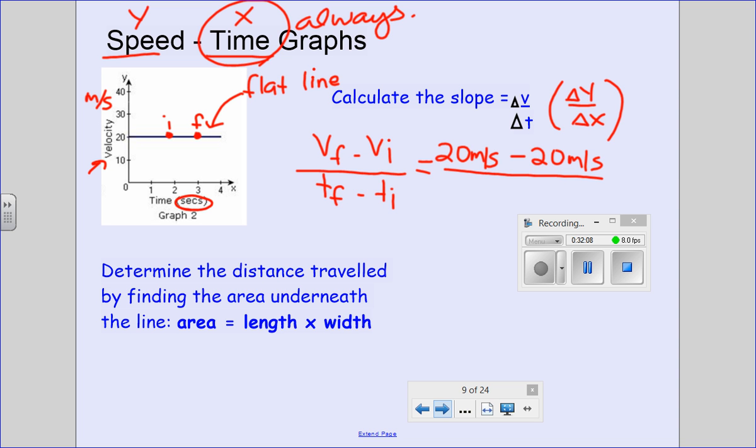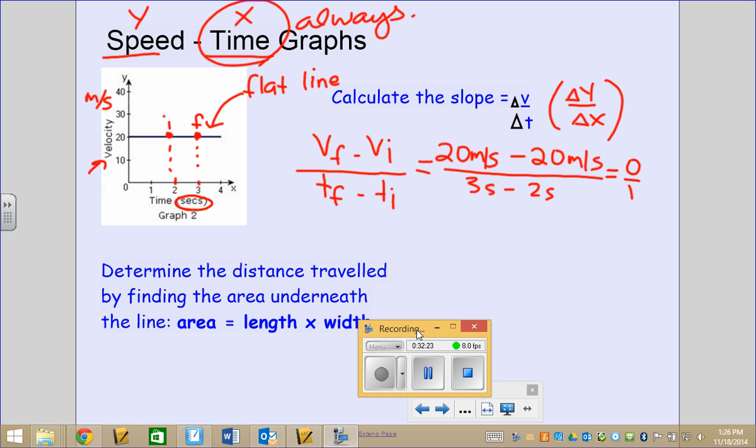For time, since I chose these 2 points, my time would be 3 seconds minus 2 seconds. That means that I would be doing 0 divided by 1. 0 divided by anything is simply 0. So my answer for the slope is 0.